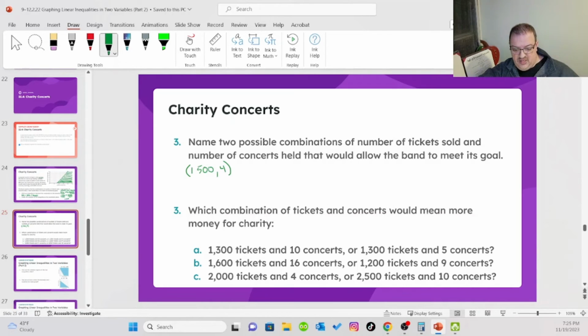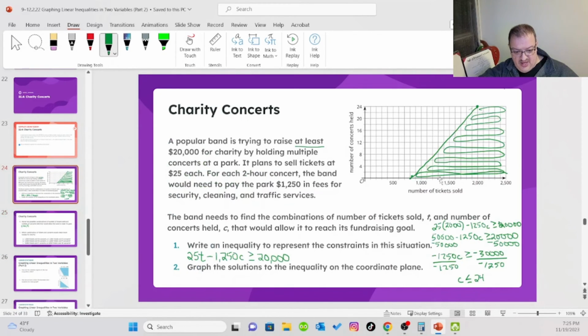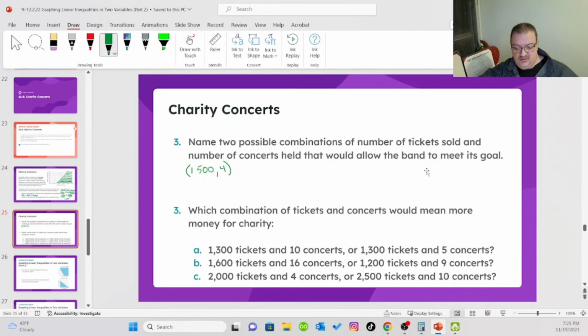And then a second point pair in that area could be 2,000 tickets and 8 concerts.